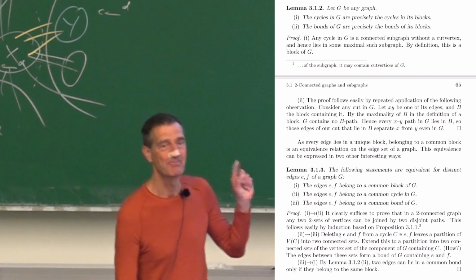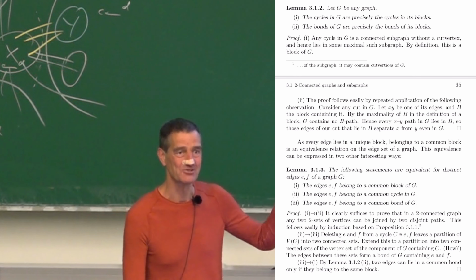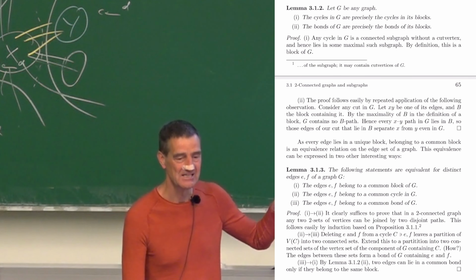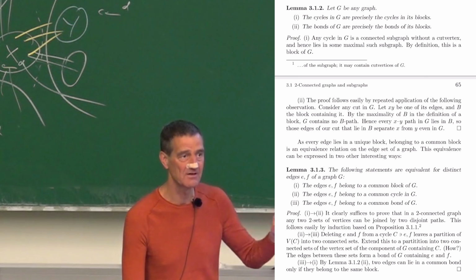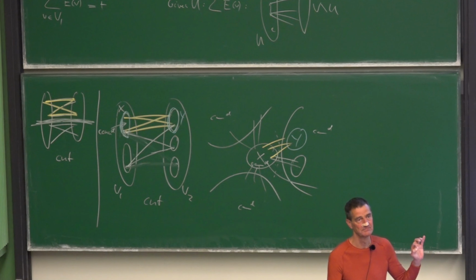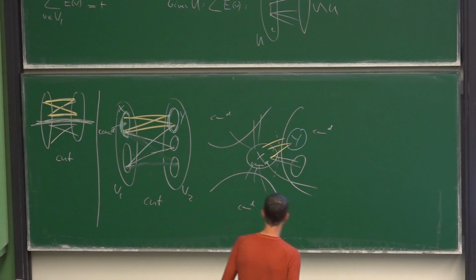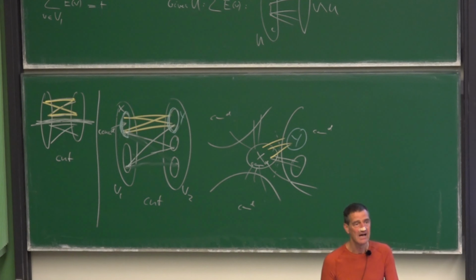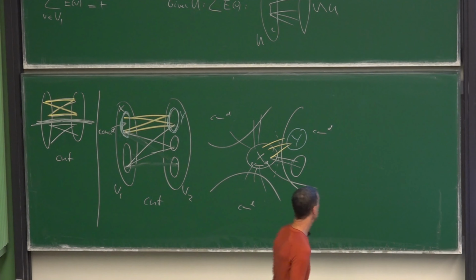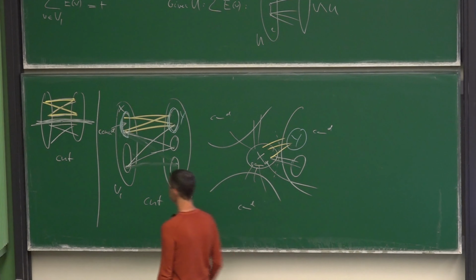A block in my course is a maximal subgraph that has no cut vertex. I don't define blocks as some authors do, as maximal two-connected subgraphs, because we have bridges as well. So you remember the block cut vertex tree?